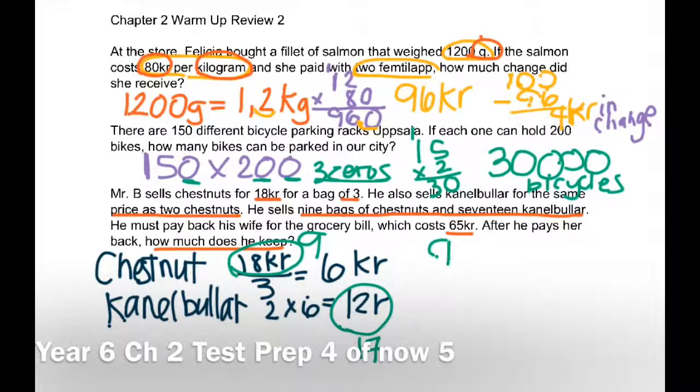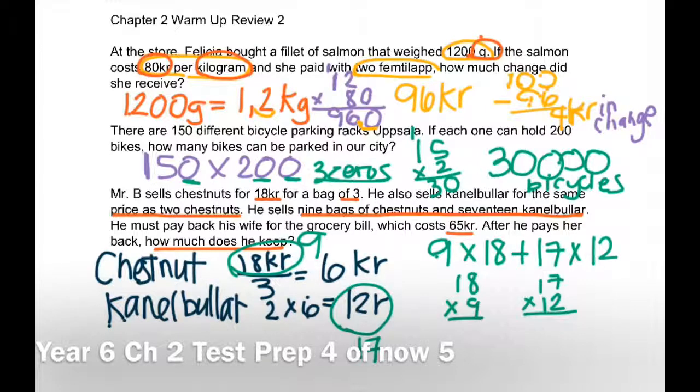We would do 9 times 18 plus 17 times 12. I prefer rewriting them like this. So 9 times 8 is 72, and then 9 times 1 plus 7 is 16. So 162 plus, and then 12 times 17, 2 times 7 is 14, and then that's going to be a placeholder, and then 17.